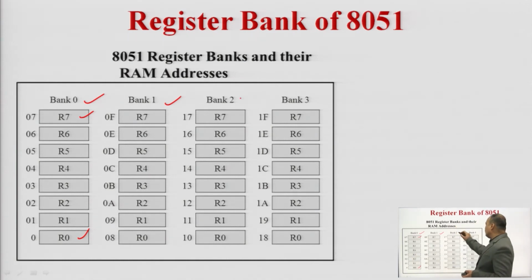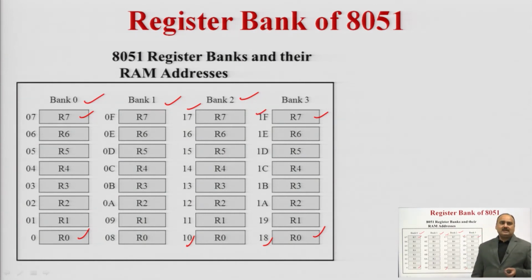Similarly, in bank 2 we have 8 registers, R0 to R7. Register R0 has address 10 in bank 2 and register R7 has address 17 in bank 2. Similarly, in bank 3 we have 8 registers, R0 to R7, and register R0 of bank 3 has address 18 and register R7 of bank 3 has address 1F.